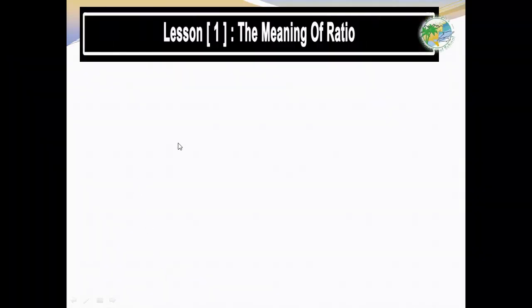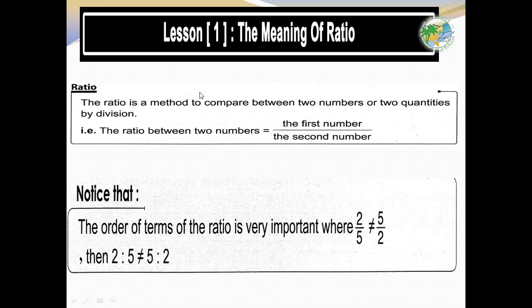Now we will take lesson 1, the meaning of ratio. This is the first lesson in unit 1. What is the meaning of ratio? The ratio is a method to compare two numbers or two quantities by division. The ratio between two numbers equals the first number over the second number.